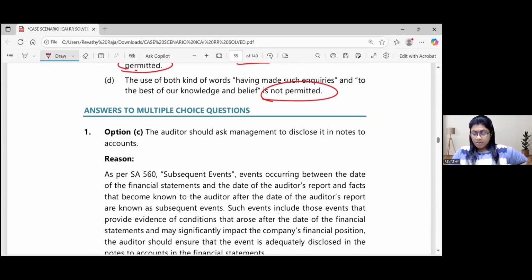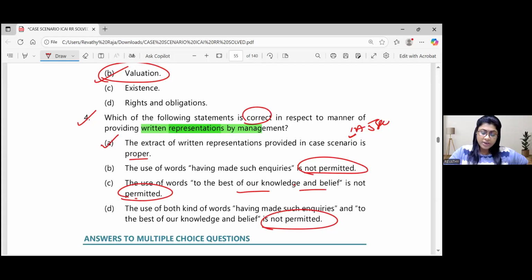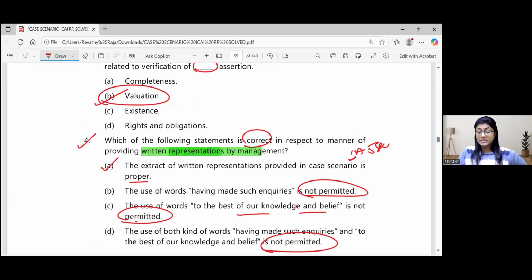Are we clear? So guys, you should take note of this question here on materiality. You remember both the amounts, inventory and capital, were individually immaterial, but when taken in aggregate, it became material.